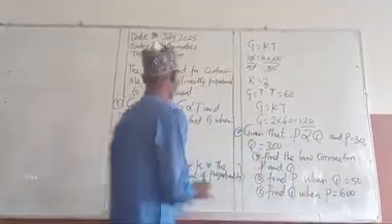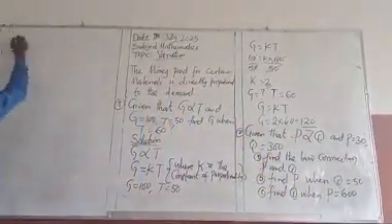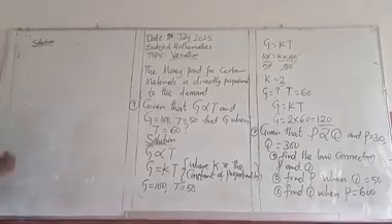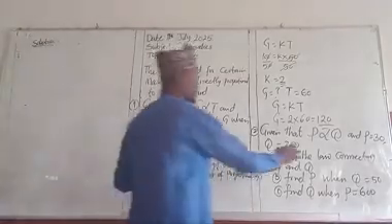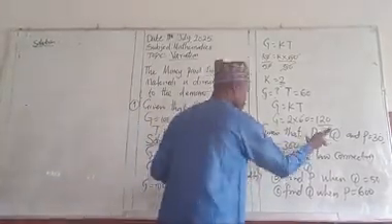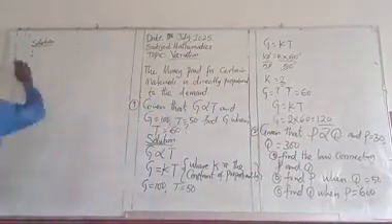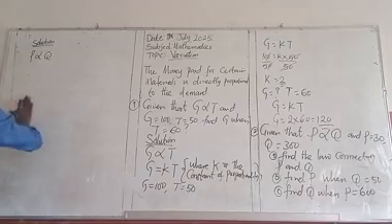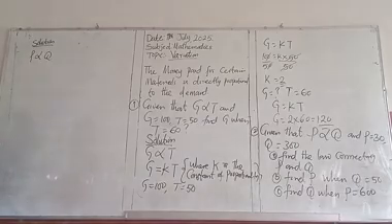Let's get started. So, solution. P is directly proportional to Q. What's the next step? We have to add the constant of proportionality.